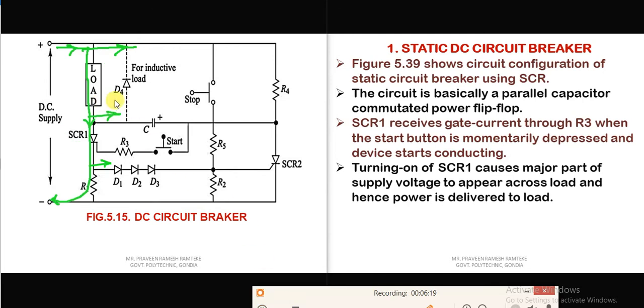As we can see here, the green arrows, once the SCR is turned on by giving the triggering pulses, the DC supply appears across the load, and hence the power is delivered to the load.